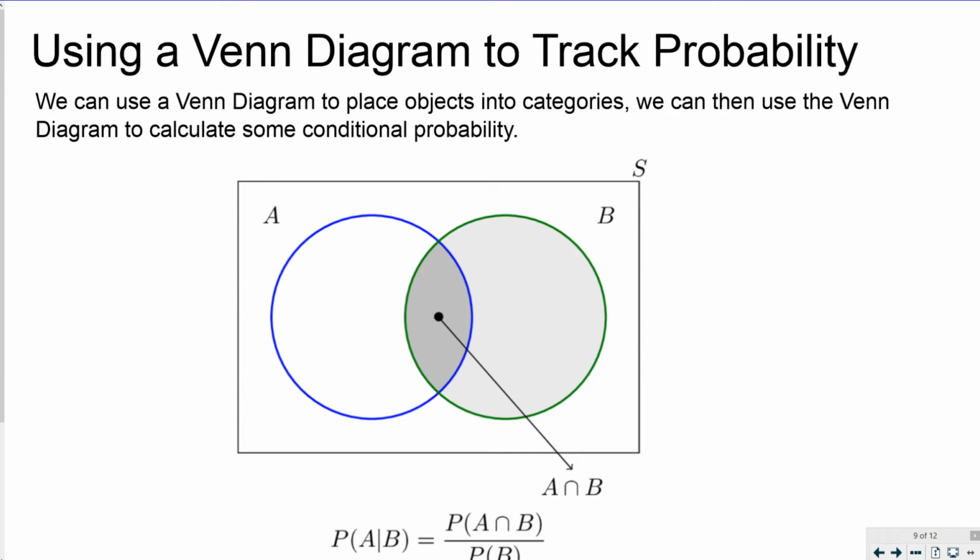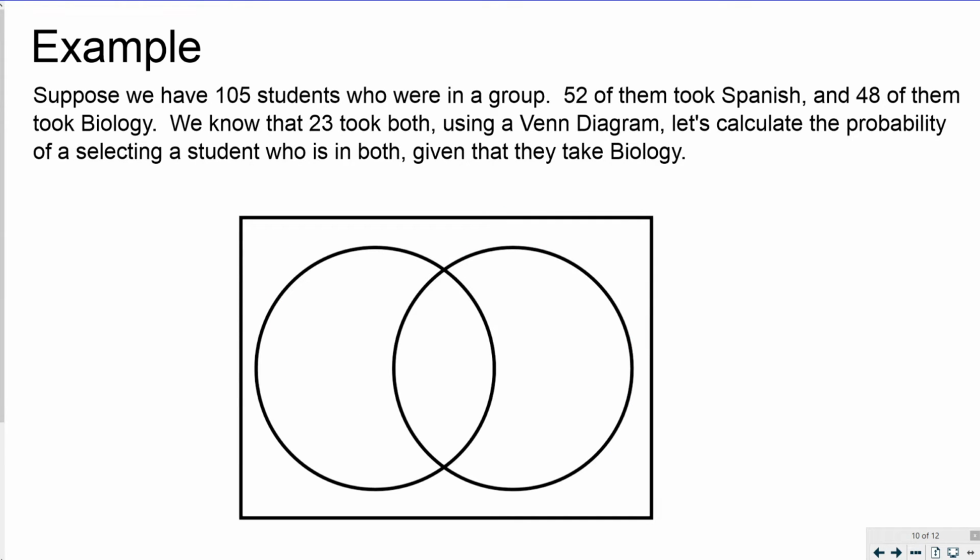The part in the middle of the Venn diagram is where A intersects B. That means, in layman's terms, where A and B are both true, where A and B have something in common. If you take that and divide it by the probability of B occurring, you will have the probability of A happening given that B has occurred. So let's take a look at an example.